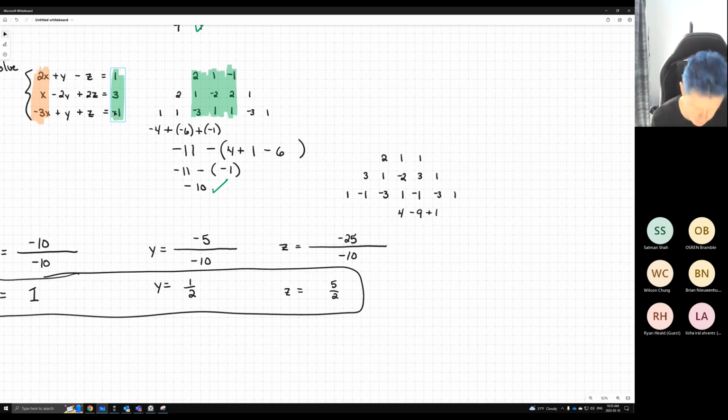Minus 4, I believe. And we want to go down and to the left. The first one is 6. The second one is negative 1. And the third one is 6.